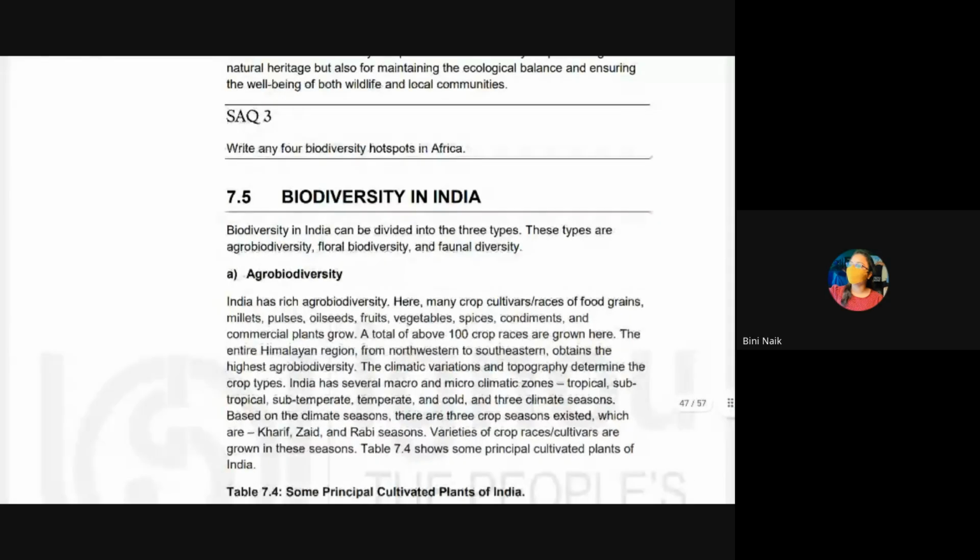Okay. Biodiversity in India is basically divided into agrobiodiversity, floral biodiversity, and faunal biodiversity. Agrobiodiversity is basically the agricultural diversity of India. Now, because some parts of India are very dependent upon rice, while some parts of India, their staple food is basically wheat or roti.